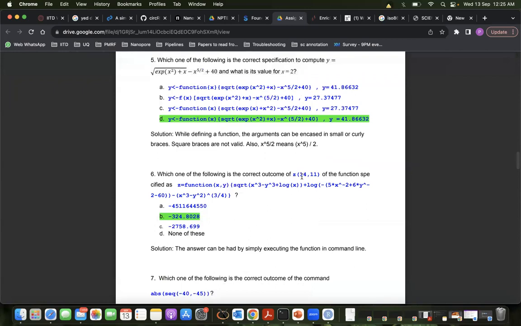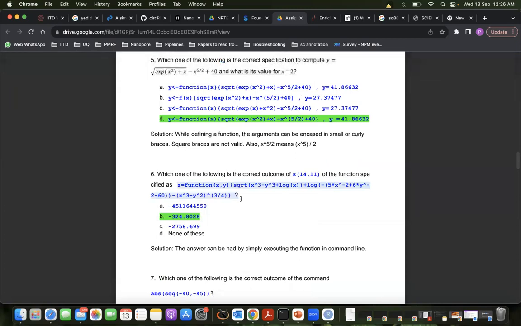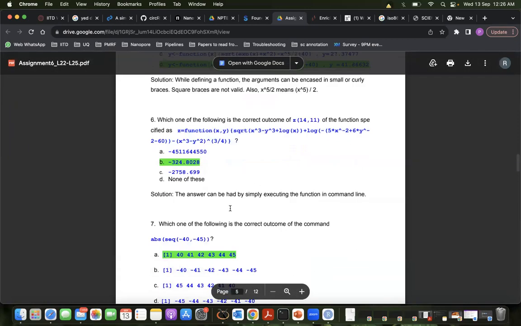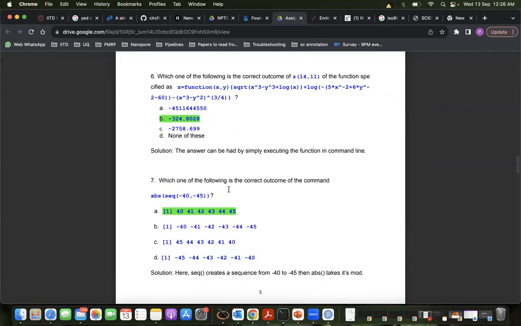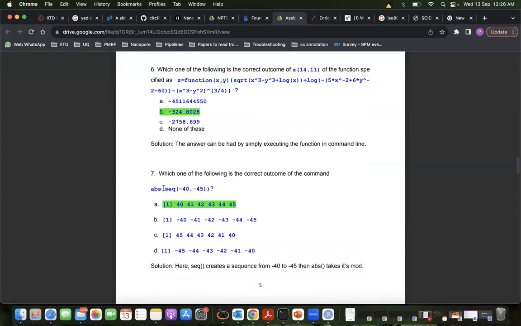Which of the following is the correct outcome of z 14 comma 11? So basically this is a function which is accepting two values, x and y, x being 14, y being 11, in that order, and you can just solve it. So that's there. And so yeah, sequence.